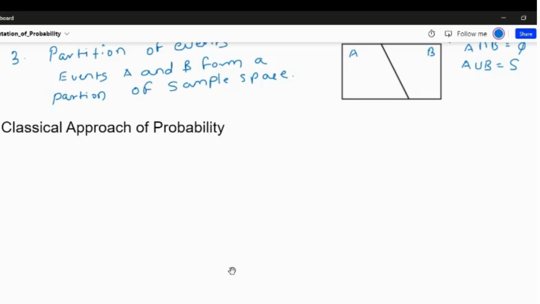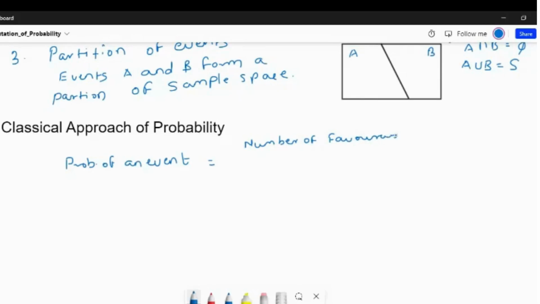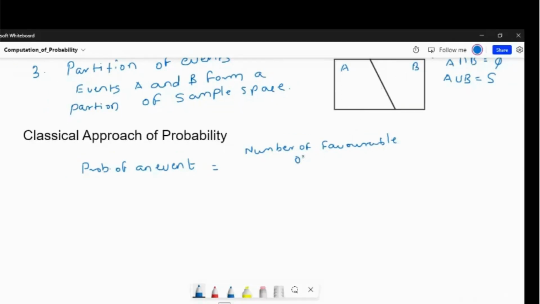Now we will see the classical approach of probability. In the classical approach, the probability of an event is equal to the number of favorable outcomes of an event A divided by the number of outcomes in the sample space.